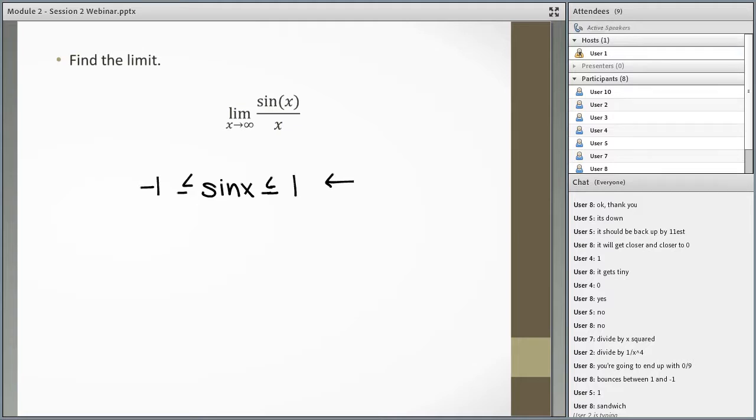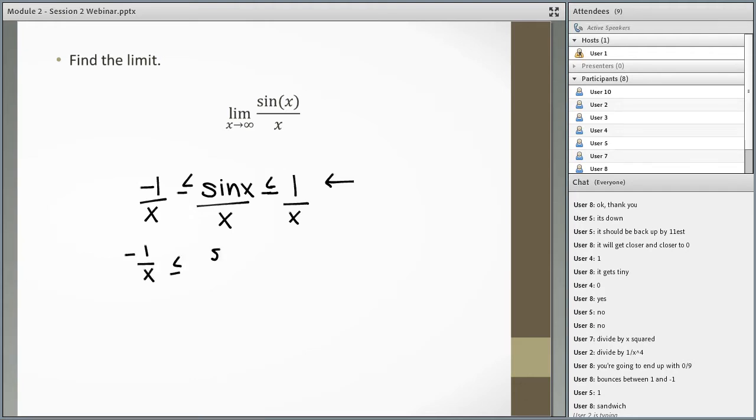How can I get that? Well, I can divide each term by x, which I could do. There's two situations here. If x was negative, it would flip the inequality signs, but it would flip both of them. So sine x over x would still be in the middle of the two terms, and it would still be okay.